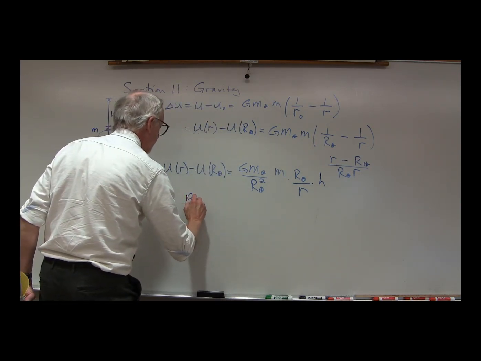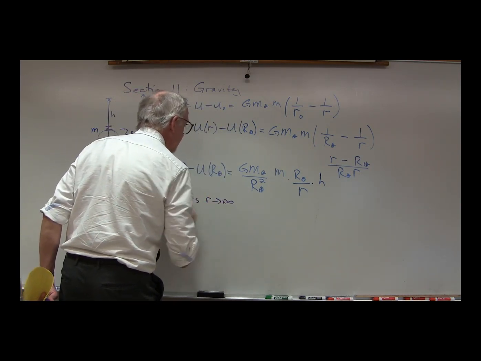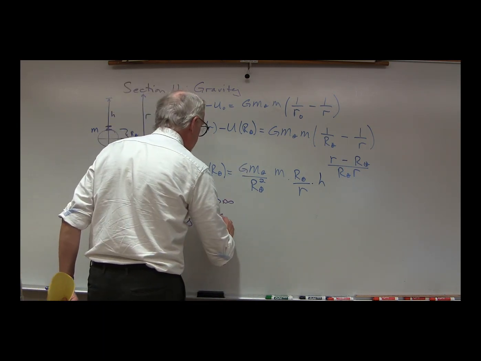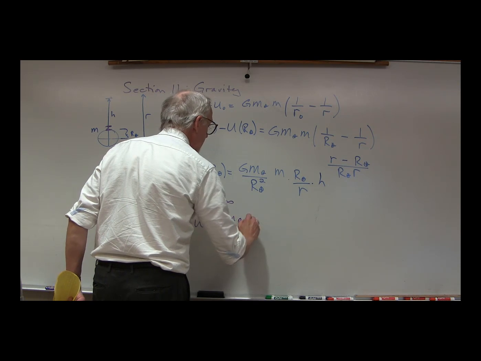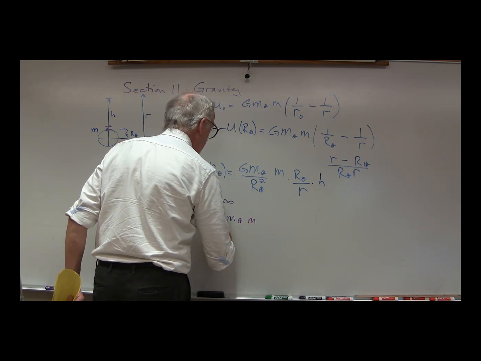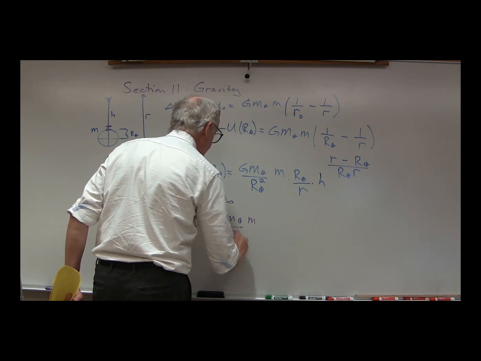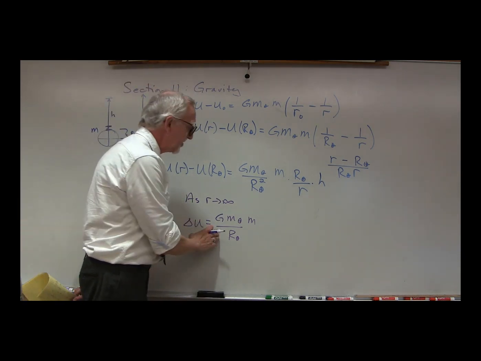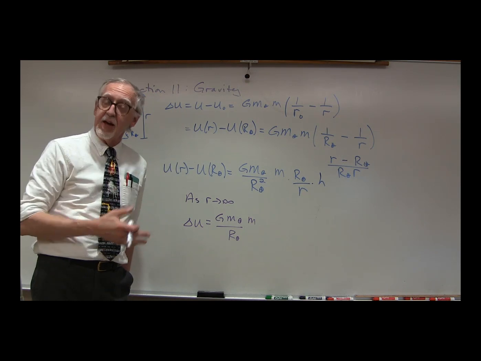So as r goes to infinity, the change in the potential goes to G mass Earth, mass object, over radius of the Earth. It goes to a constant value. It does not go to infinity, as mgh would.